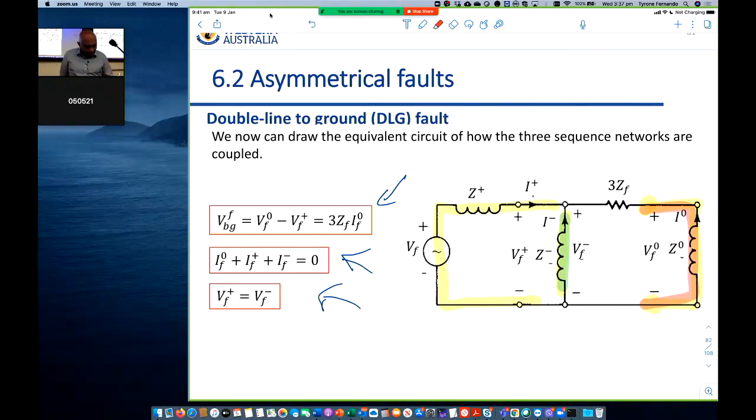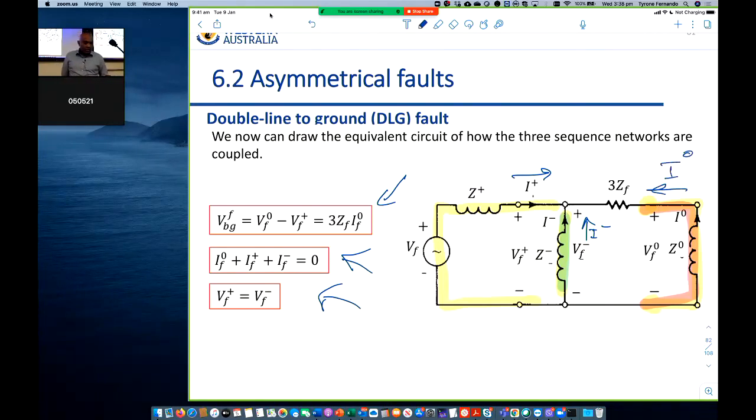Clearly, the green line is the negative sequence circuit, so the current that flows in here is I negative. Yellow is the positive sequence circuit, so the current that flows here is I positive. That's the zero sequence circuit, so the current that flows here is I zero.